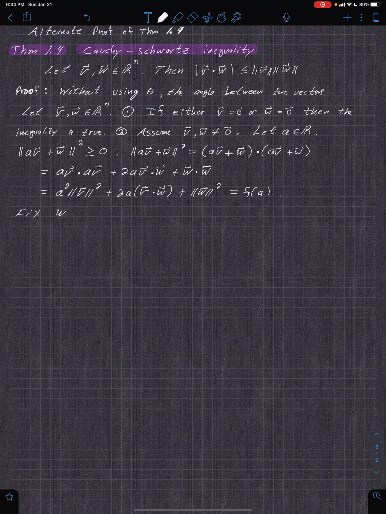So fix V and W. Then f is a quadratic polynomial and must be non-negative.